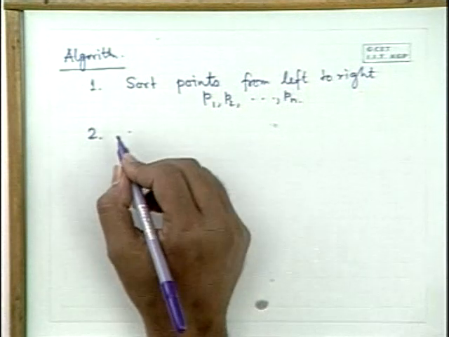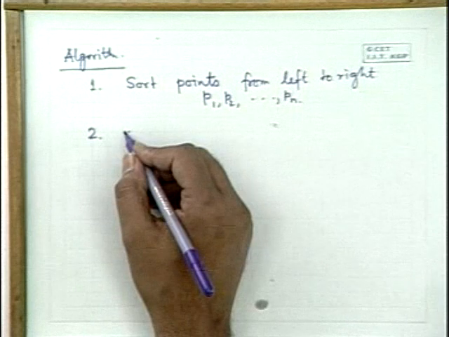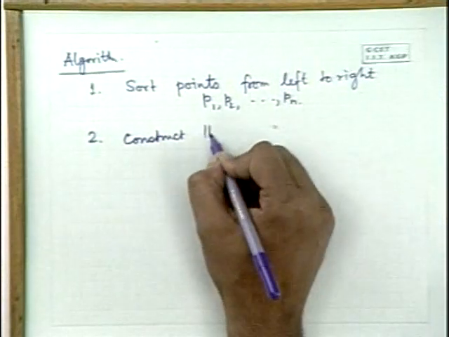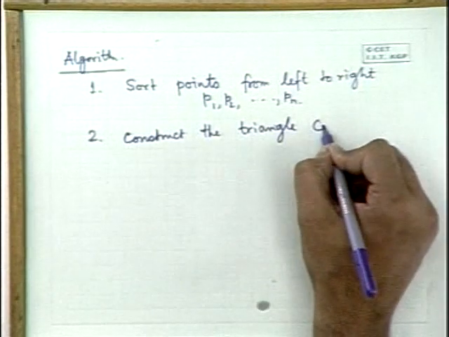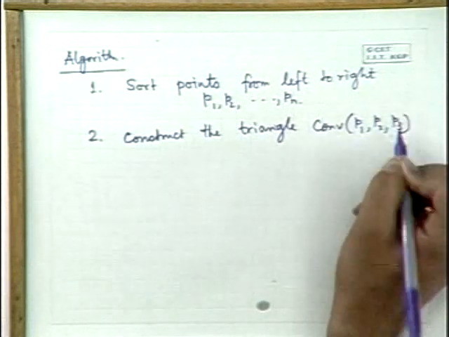I know if there are the first 3 points, the convex hull is nothing but the triangle. So I can compute the first convex hull because we have to iterate. So I need to know the convex hull already computed. So for the first 3 points, we compute the convex hull straightforward, the triangle itself. So construct the triangle conv P1, P2, P3.